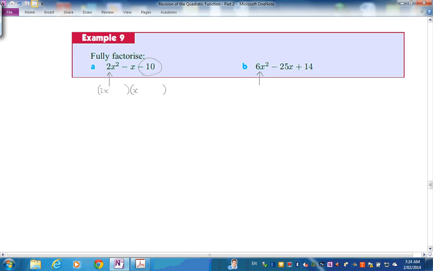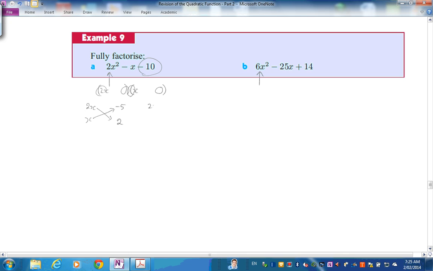Okay, the two numbers that multiply together to give 2, and the two numbers multiplied at the end to give 10. So you can do the cross method again, but this time you'll have 2x and try to do a combo. This is a bit harder now because you'll have -5 and 2.